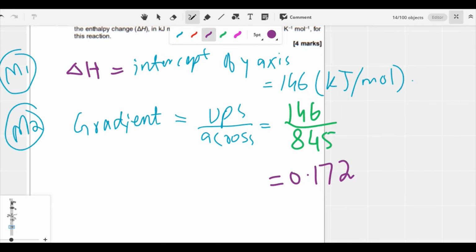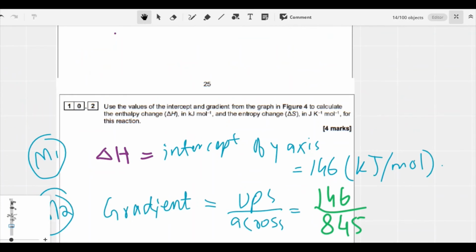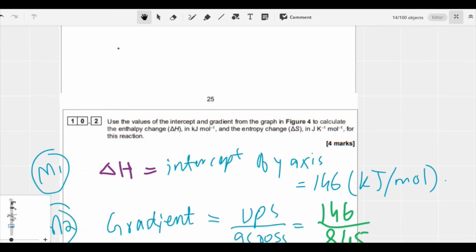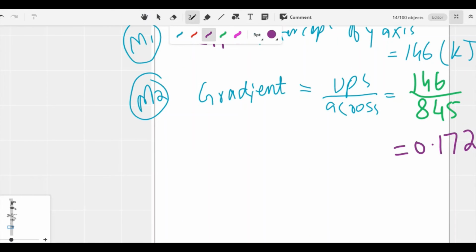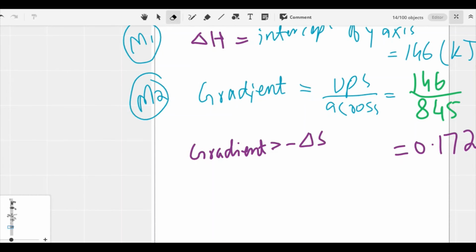So that equals 0.172. Now for the entropy change, as we know the gradient is also equal to minus del S because there is a negative value.